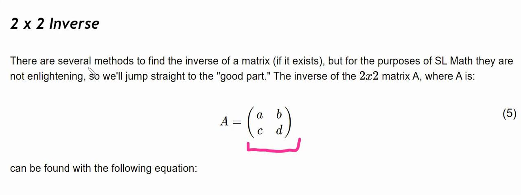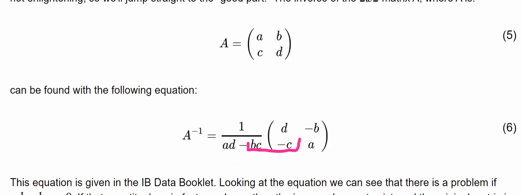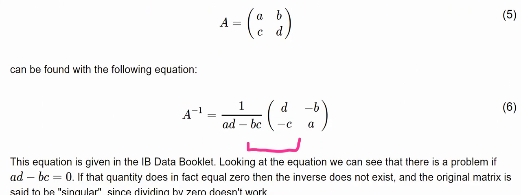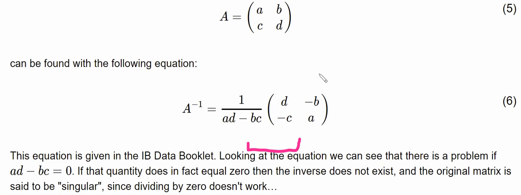There are different methods you can use to find the inverse of that matrix, if there is one. But I would say the inverse matrix is of a 2 by 2 matrix A, where A is A, B, C, D. We can make an equation out of that, which is this, right? We can make this equation out of it totally.